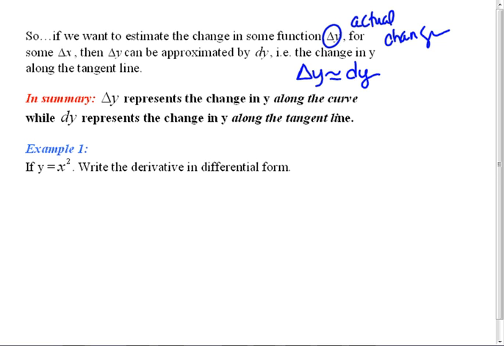Delta y represents the change in y on the curve. That's where we have the problems, keeping them straight. Dy represents the change in y on the tangent line. So what I'm going to do is something a little different than I did in second hour. I'm going to do the same thing. I'm going to write that in differential form. But let me show you an example of what delta y and what dy is.